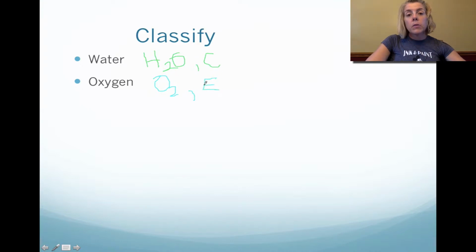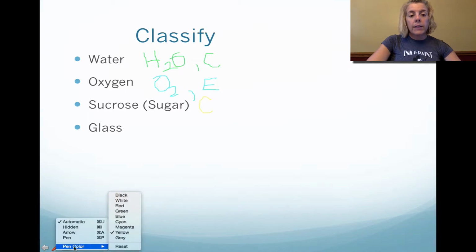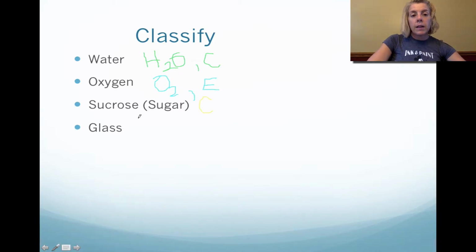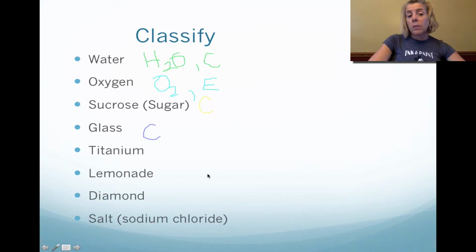It's actually an element because there's only one type of element in that substance, okay? All right, sucrose. Sucrose is sugar. I'm not going to write down the formula for that, but would you say that's an element or a compound? Yes, it's a compound. Okay, and then the next one is glass. So if you had to guess, do you think glass is an element or a compound? Correct, it's a compound. Okay, you can practice with these other ones and then tell me whether or not they're elements or compounds. We'll check them in class.